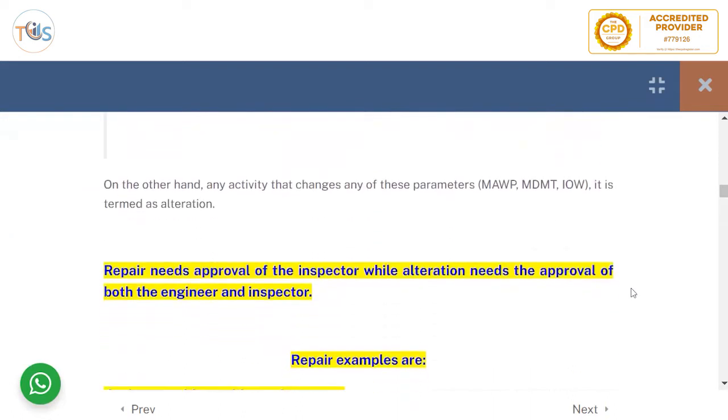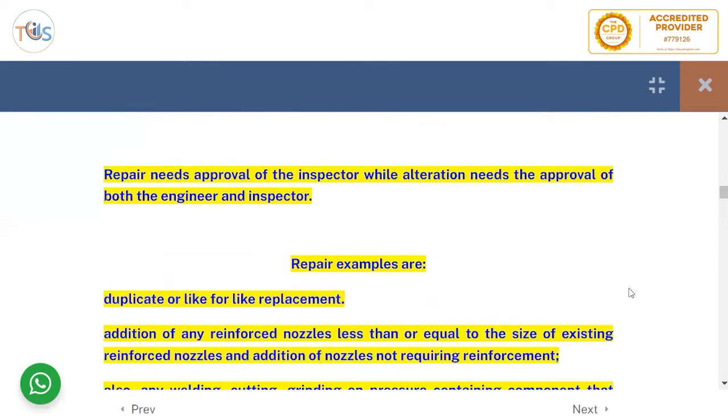Whereas alteration means you change any integrity operating window, such as MAWP, MDMT, etc., or the fluid. So repair needs approval of the inspector only, while alteration, because there is a design change, needs the approval of both the inspector and the engineer.